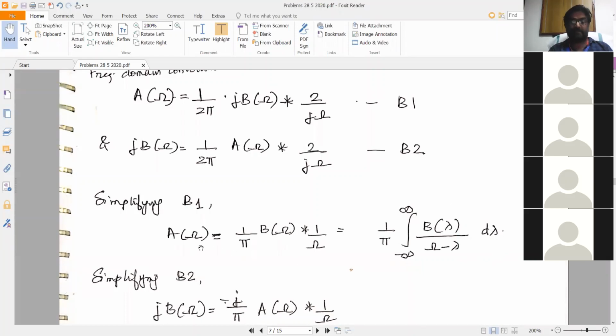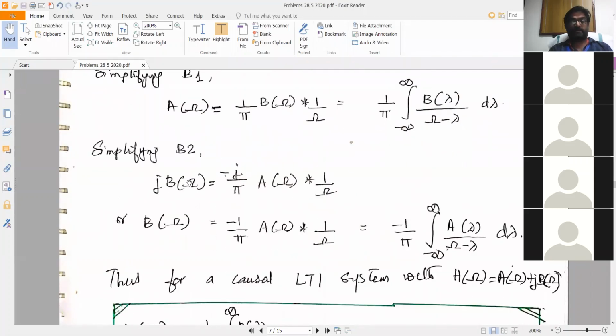This is nothing but the Hilbert transform of B of omega. So A of omega is nothing but the Hilbert transform of B of omega. Likewise, you can simplify B2 and you can write this expression j B of omega is equal to minus j by pi, A of omega convolved with 1 by omega, which you can simplify as B of omega is equal to minus 1 by pi integral minus infinity to plus infinity A of lambda by omega minus lambda d lambda.